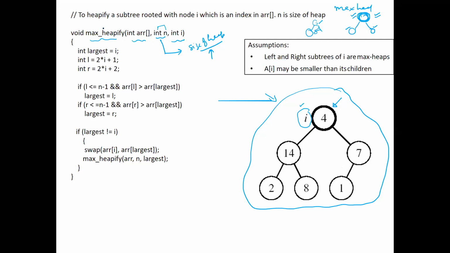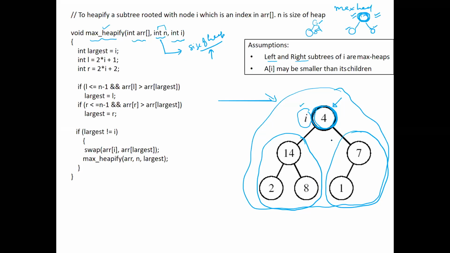Where can you apply this max heapify function? There is one main assumption: max heapify is applicable on the ith index element only when the left subtree and the right subtree of the ith index node already fulfill the max heap property.